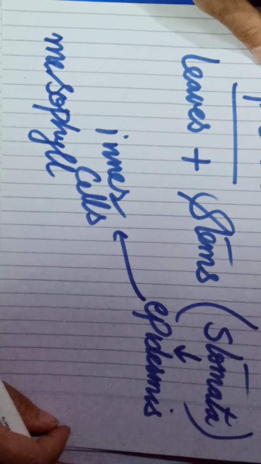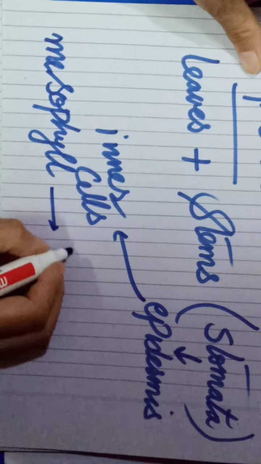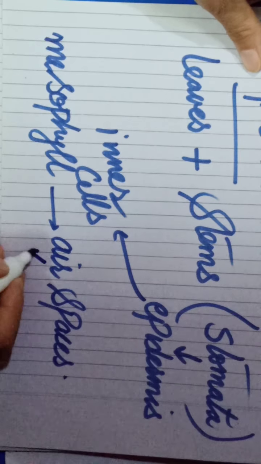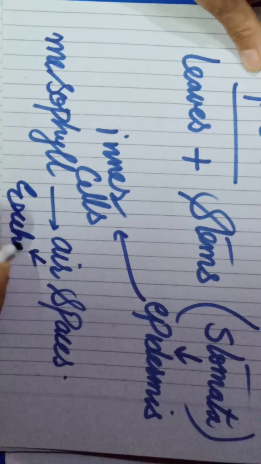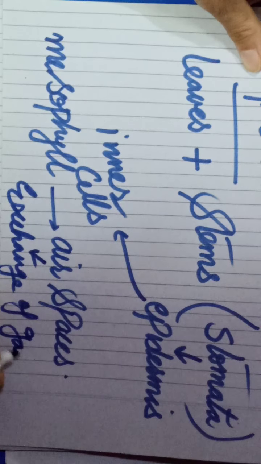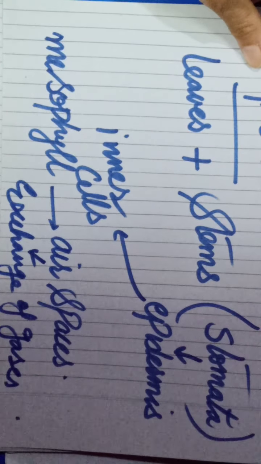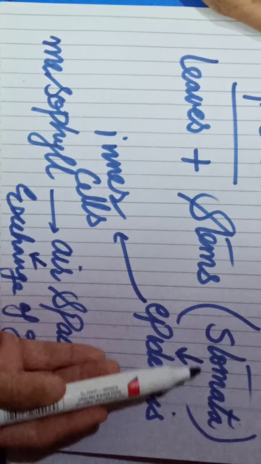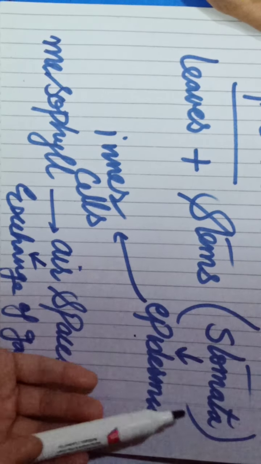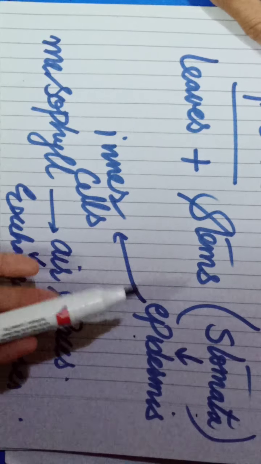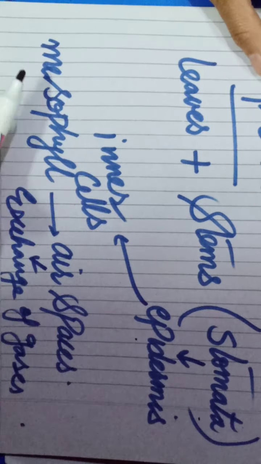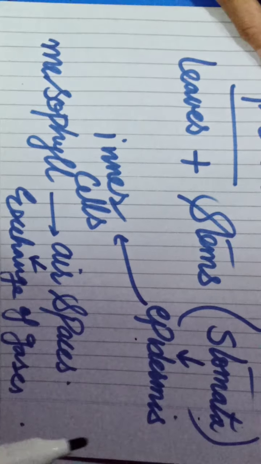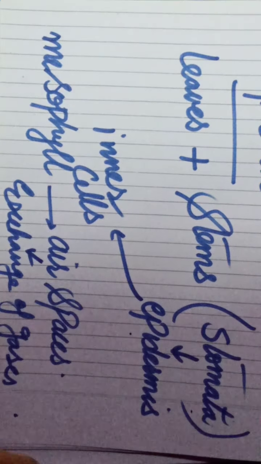There are small air spaces among them, in which the exchange of gases takes place. So the leaves and young stems take part in gaseous exchange; stomata are present in the epidermis, and inside it are the mesophyll cells with air spaces for the exchange of gases, intake of oxygen and exhale of carbon dioxide.